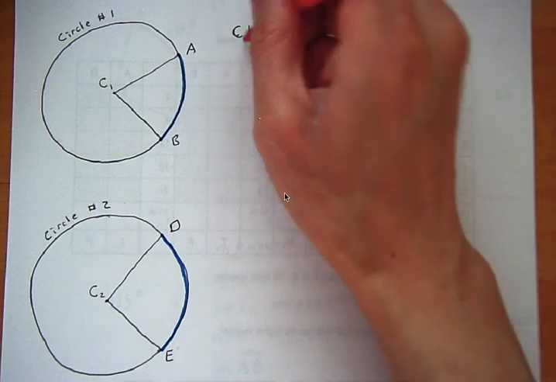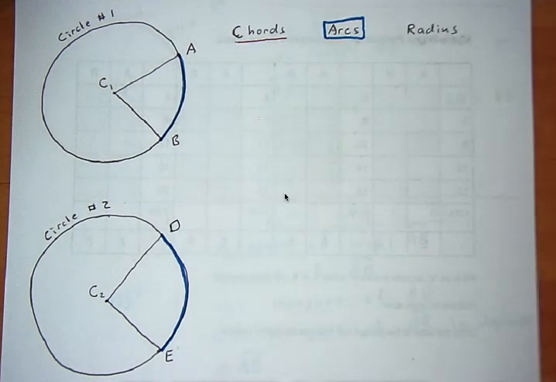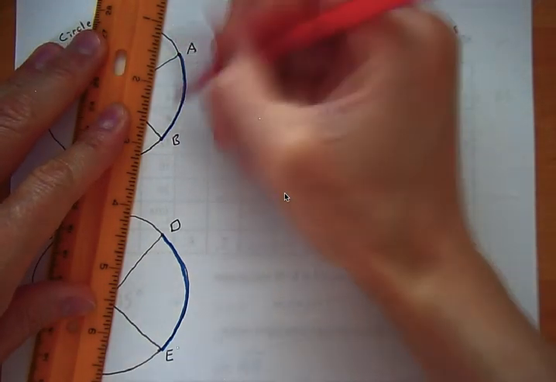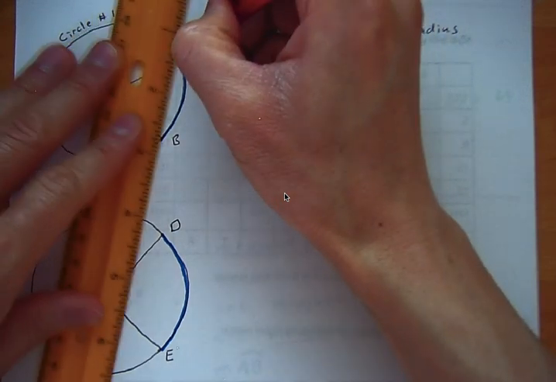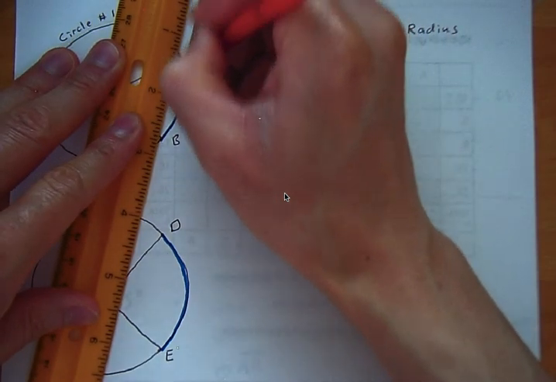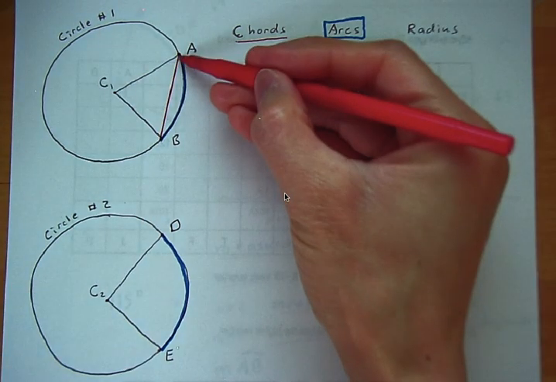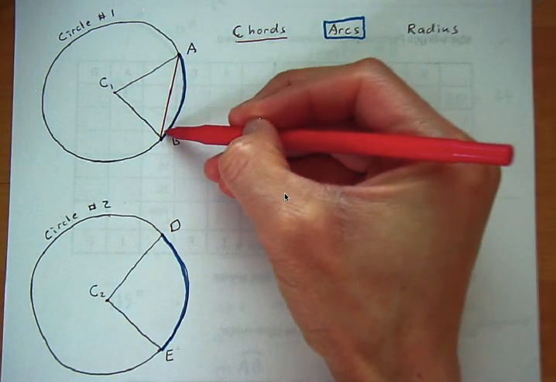The word chord is a straight line that goes from one part of the circle to another part. So this right here, that straight line would be chord AB.